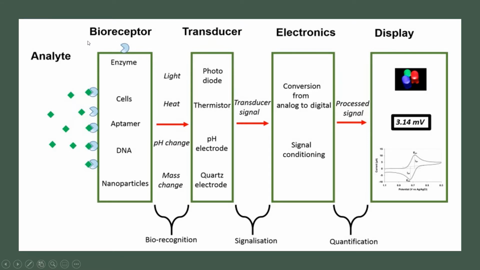Here, in the case of sugar glucose test, analyte would be the glucose level in the blood, and in the receptor side there would be some enzymes that would act to the reagent that gives an output like a substance or some ecological things like light, heat, and pH change, sometimes a mass change as a reaction of it. So the substance that reacts to the analyte to give some output is known as a bioreceptor.